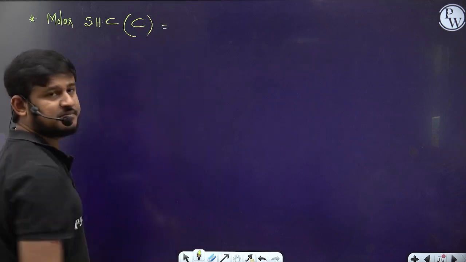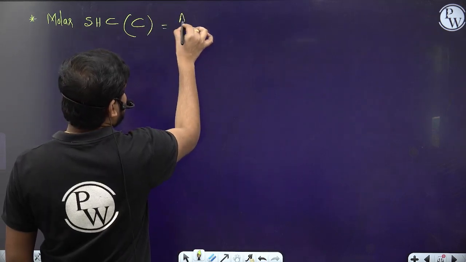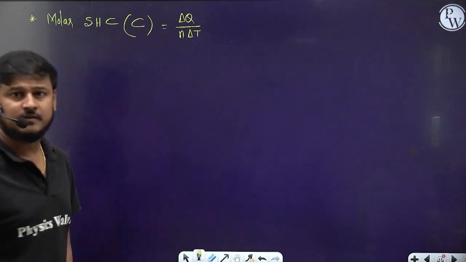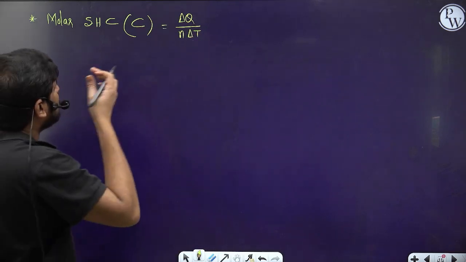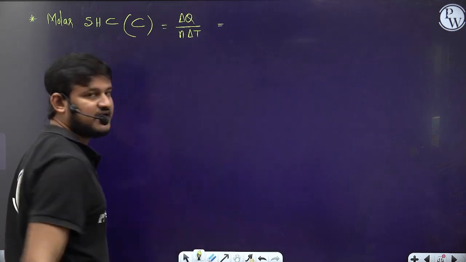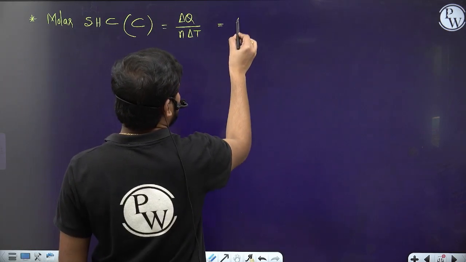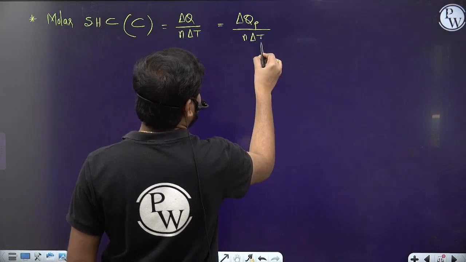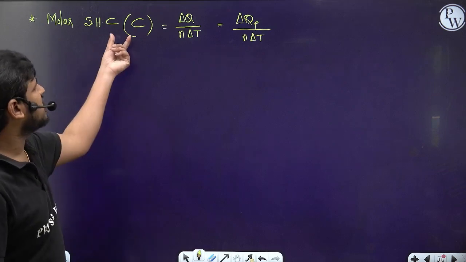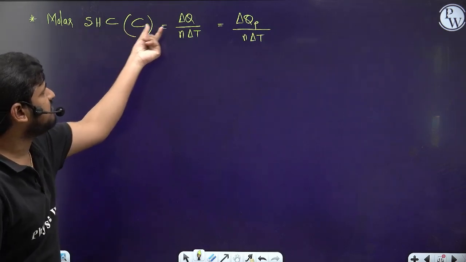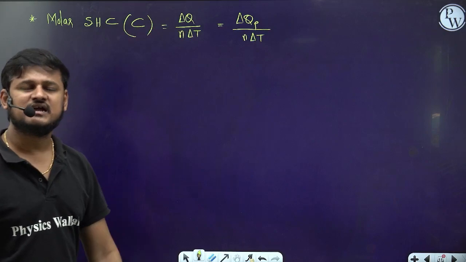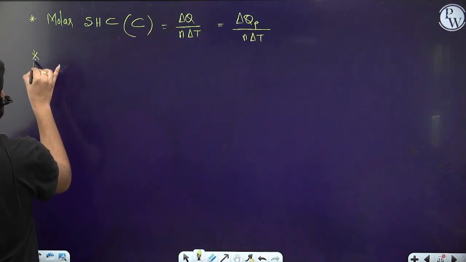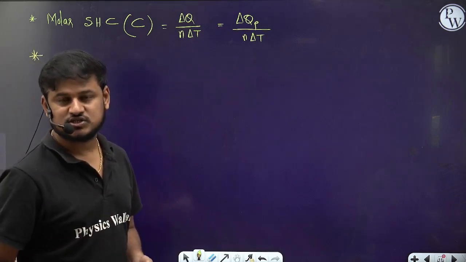The molar specific heat capacity formula is delta Q by n delta T. At constant pressure, delta Q at constant pressure by n delta T. So the molar specific heat capacity at constant pressure, Cp, is equal to Qp by n delta T. That's it. Understood?